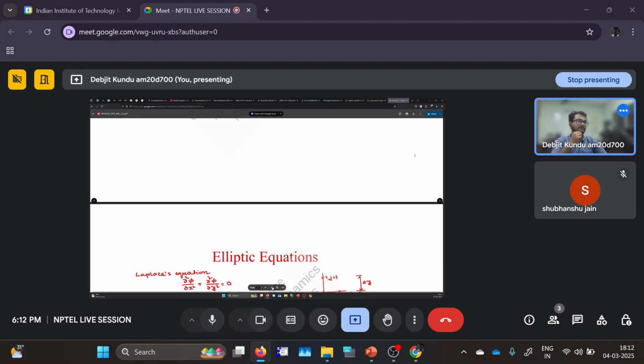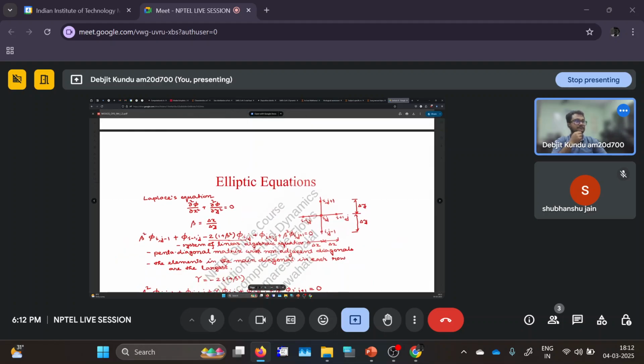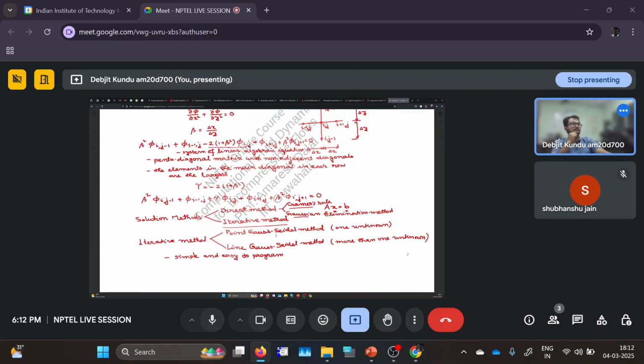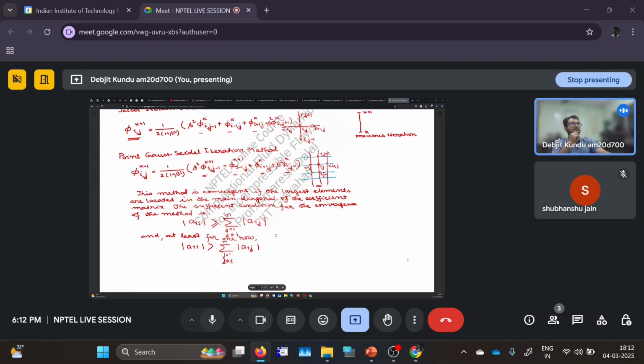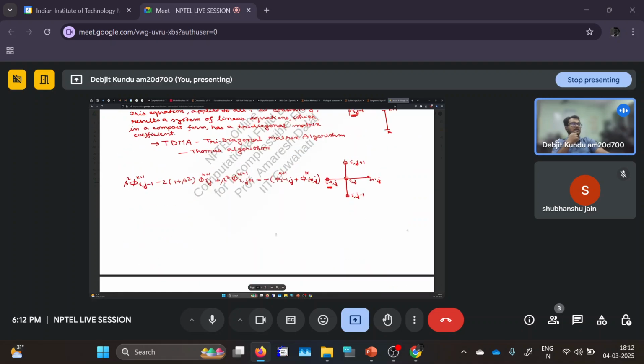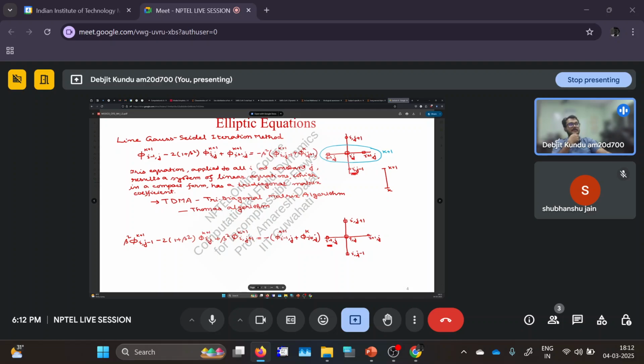This one, right? So, point Gauss-Seidel, line Gauss-Seidel. So you see, this is what the line Gauss-Seidel is, where in a 2D case like this 2D elliptic equation, you take one line, 3 points, and try to solve them.